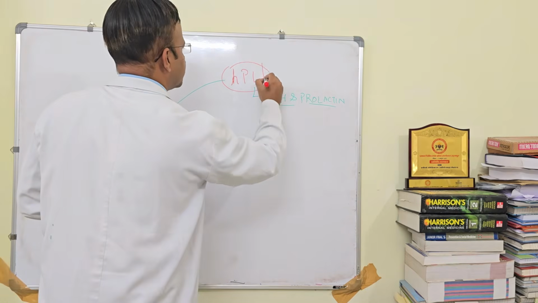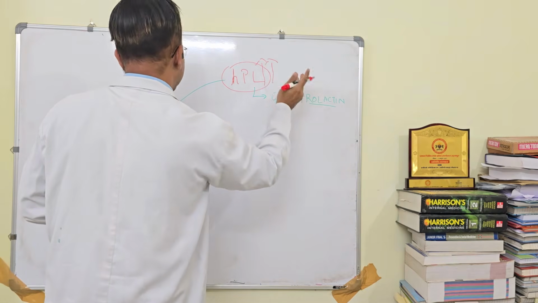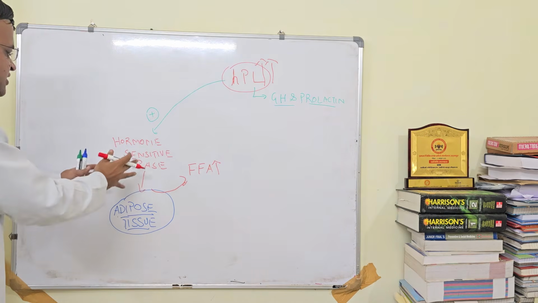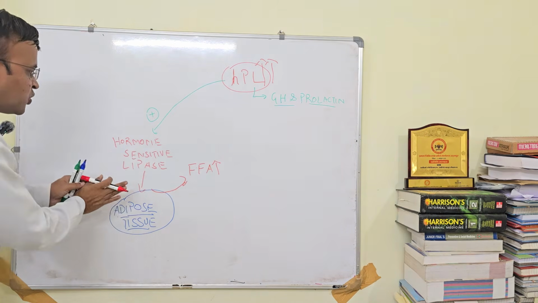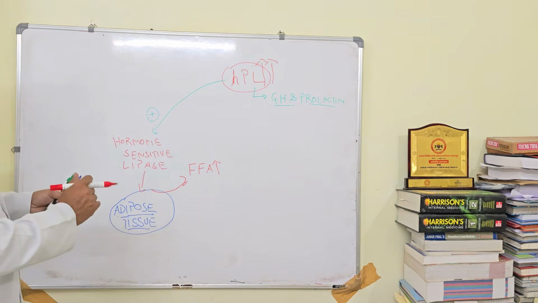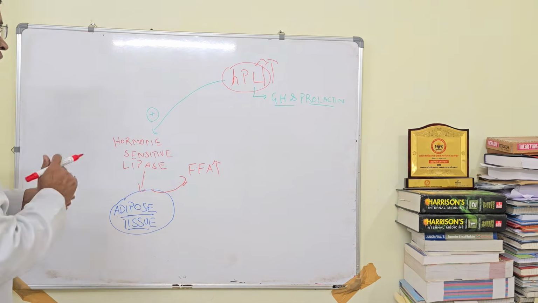This HPL, human placental lactogen, increases in pregnancy. It is going to stimulate your hormone sensitive lipase. This hormone sensitive lipase will act on adipose tissue and increase the concentration of free fatty acids. Now what next?